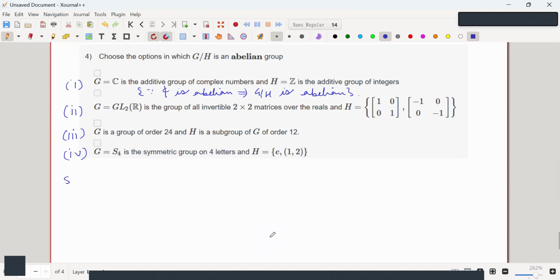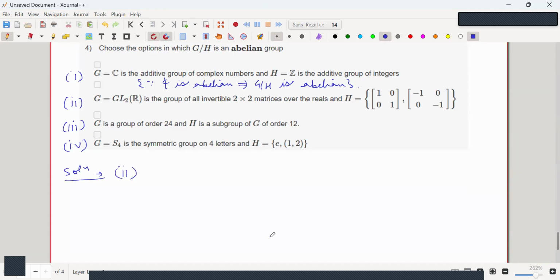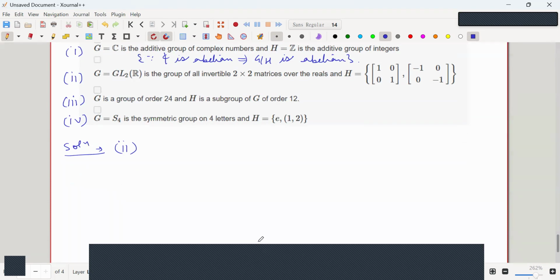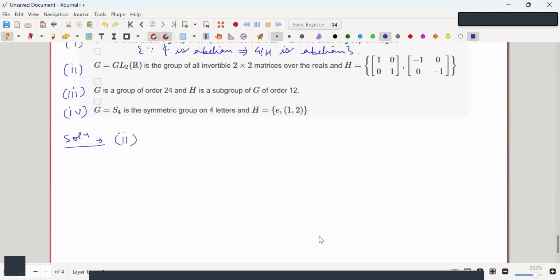What about the second part? G is GL2R and H is the subgroup containing the identity and minus the identity. This is not true. Why?